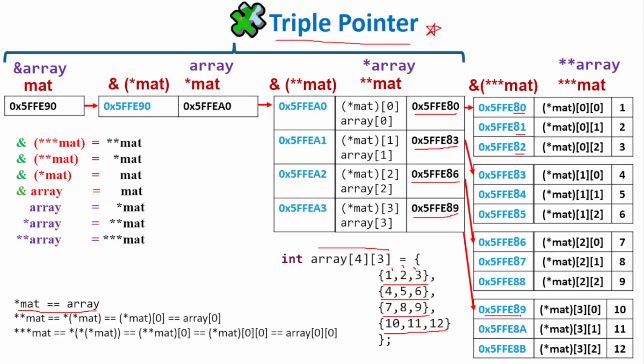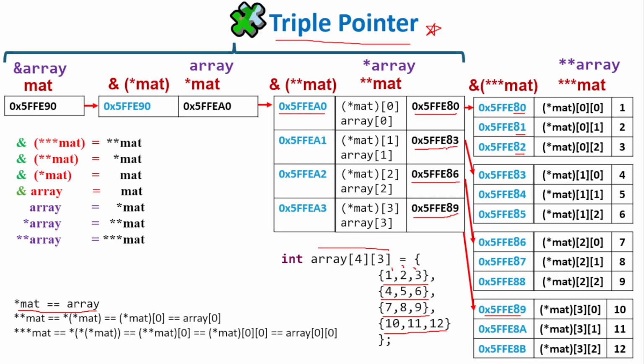Each element of this outer array must be stored somewhere in memory. So each one has its own memory address. For example, the value 5FFE80, which is the base address of the first inner array, is stored at memory address 5FFEA0.